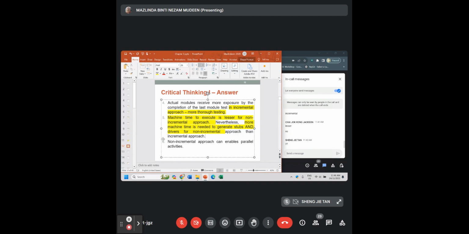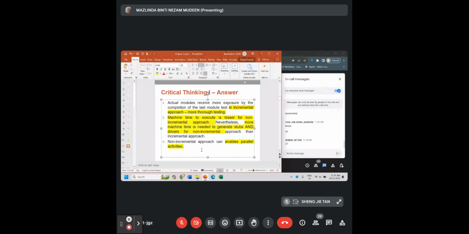Okay, then the next point is that the non-incremental approach can enable parallel testing activities. Since each of these modules will be tested individually, we can test them in parallel because we don't need to wait for them for any reason. When it comes to the incremental approach, we need to combine these modules.